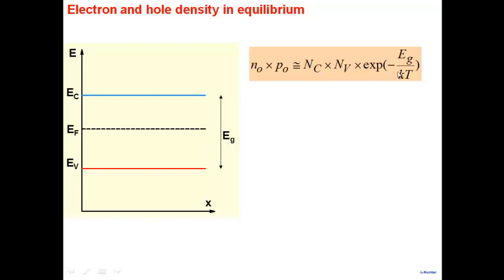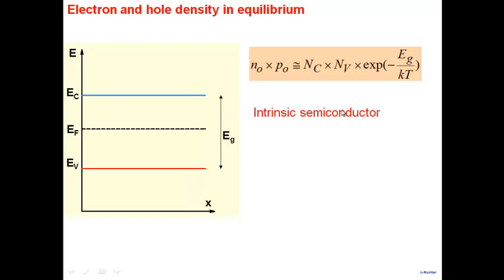We give this product a particular name, and it comes out as follows. Let's take an intrinsic semiconductor. Intrinsic means I've not added any impurities to it. At T equal to 0, my valence band is entirely full and my conduction band is entirely empty.